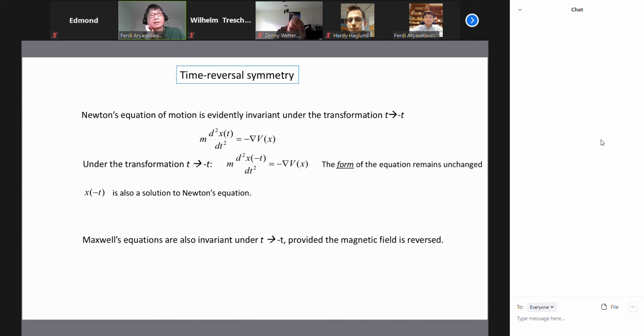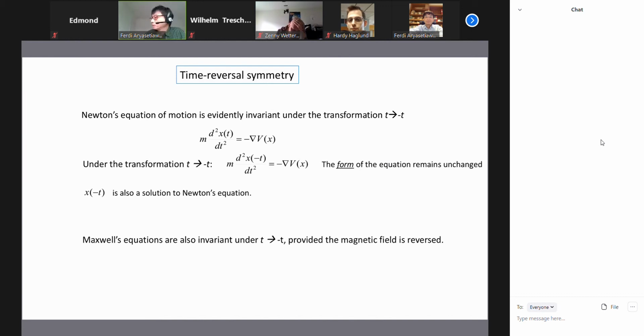So unlike the usual operators in quantum mechanics that correspond to observables, this time reversal operator is anti-unitary. We will go through later what we mean by anti-unitary operator.